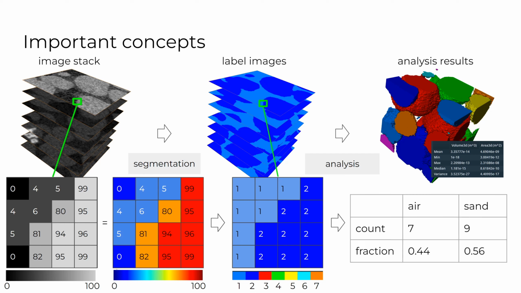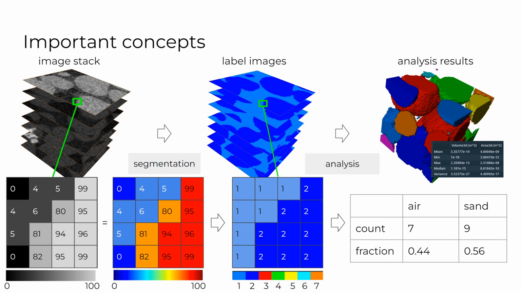And finally, after you have your segmentation, then you can do some more interesting things, right? Like analysis. So for example, you want to count the number of air particles and sand particles. So in this very simple example, we get 7 and 9. Of course, this is just a small example. If your data set is big, you don't want to do this by hand.